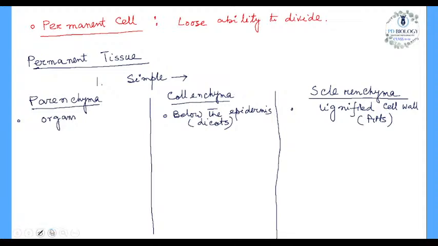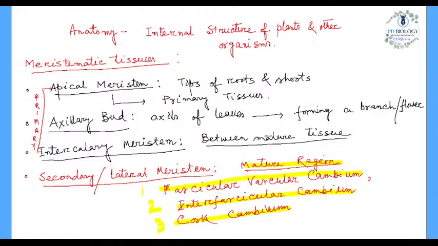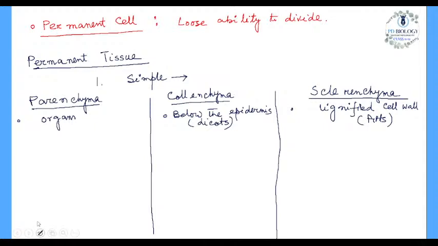Next, the cells are generally isodiametric in parenchyma, and collenchyma consist of cells with much thickened corners.